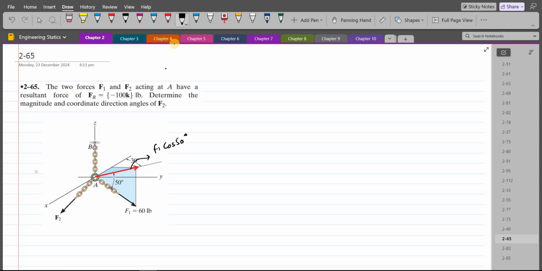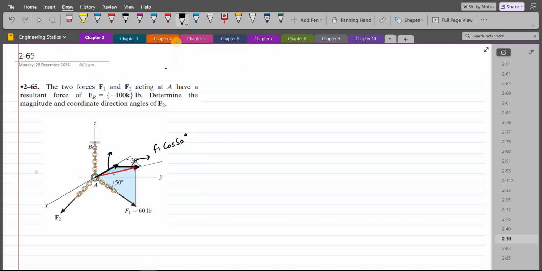Now I have to resolve this projection along the x and y axes. So this is the component along the x axis, and this right here is the component along the y axis. Let me adjust it a little bit. Yeah, that's fine. Let me label them as well.